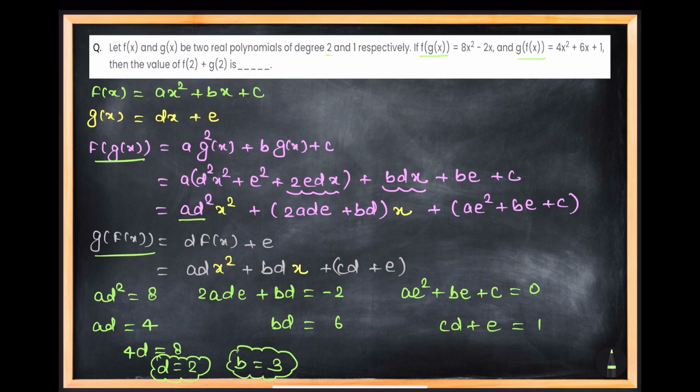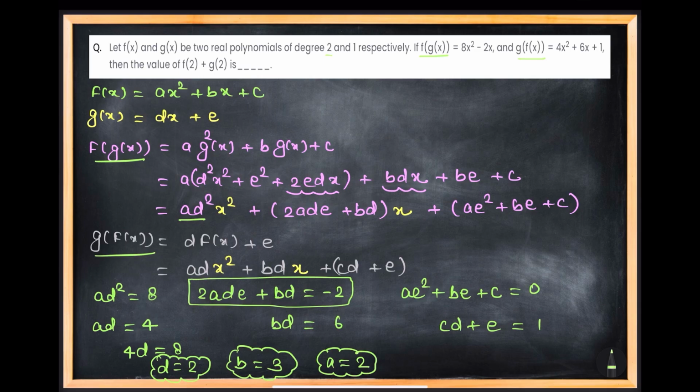So if you got the value of d, you can substitute here to find the value of a. So the value of a will become, d is 2, so a will also become 2. So you got your a done. Now we got a, b, d. Done.